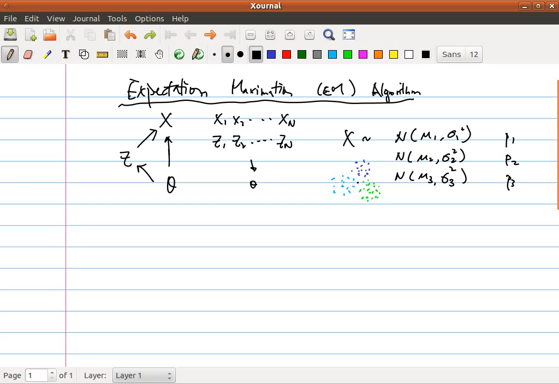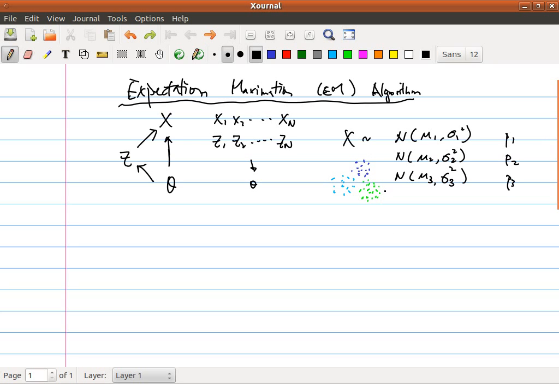So if I know the corresponding membership of the points, that is, which distribution actually generated each point, then it's quite easy to estimate those parameters, basically the mu and sigma square, the means and variances, by simply computing the empirical means and empirical variances of the data points for the corresponding distributions.